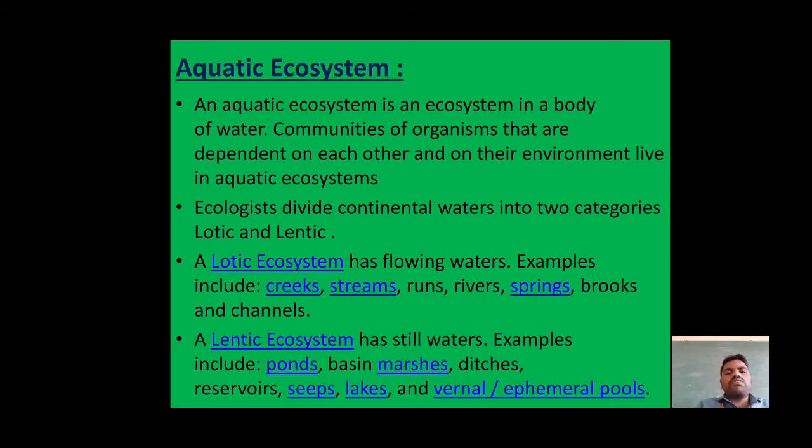The main difference is that in the lotic ecosystem the water is running, flowing water, and in the lentic ecosystem we can see standing water. In both, some different animals will be found, in the running water and in the standing water.